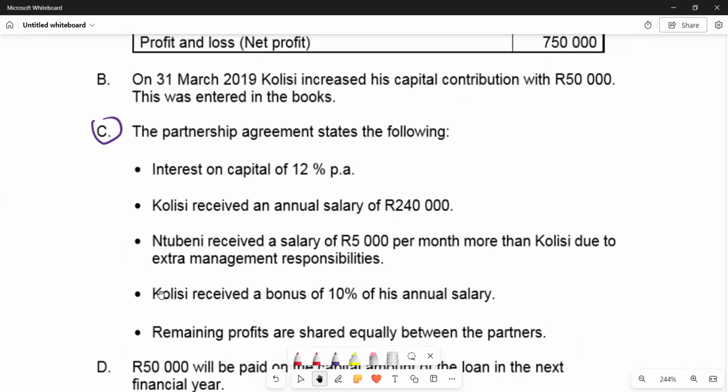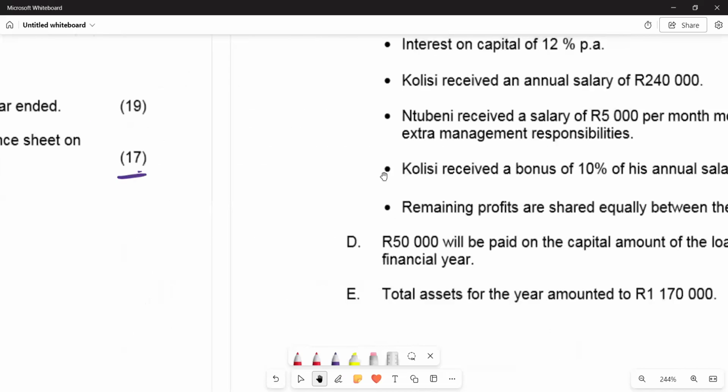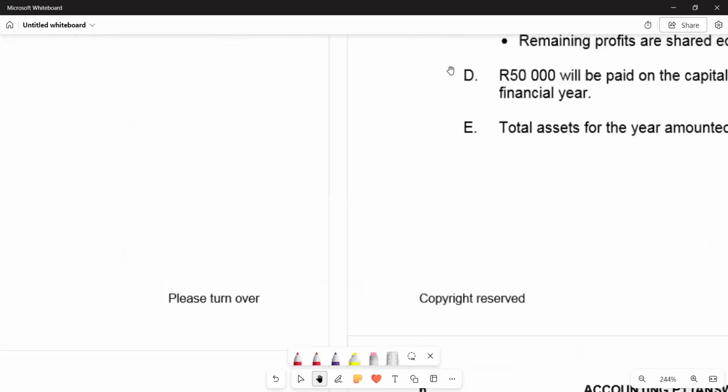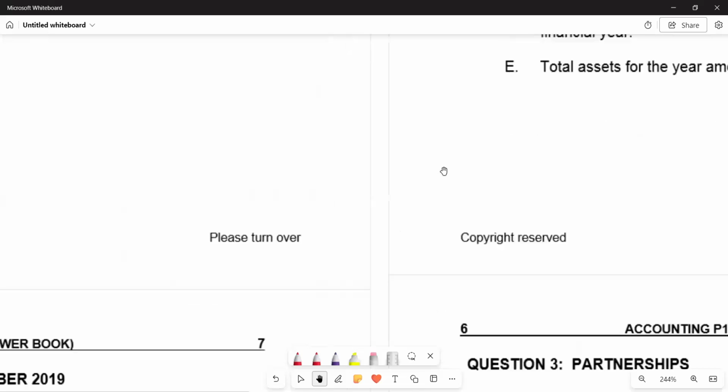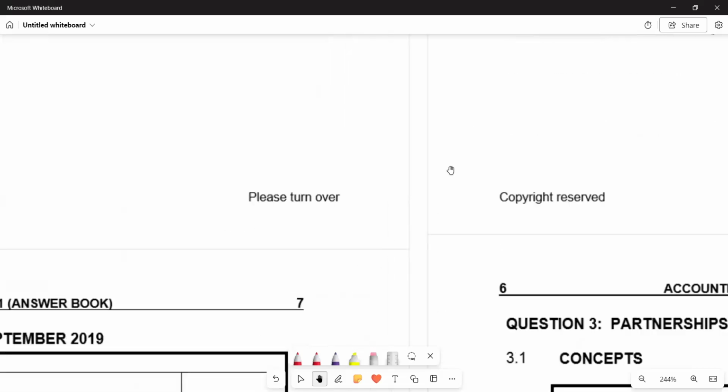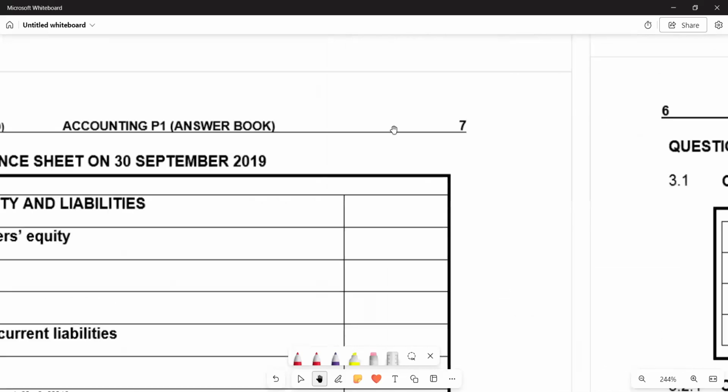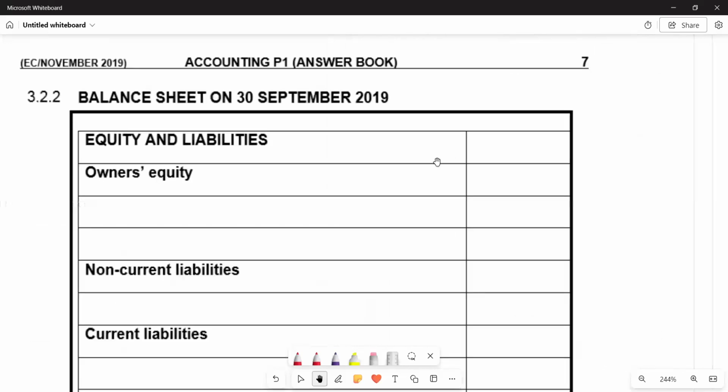So going to our other section now to see what is the first item we are supposed to look for, we can refer back to our answer section and see what is required. If you come here, you'll see that this is our balance sheet on 30 September 2019. This is the equity and liability section, where we are given owner's equity. So we start with the owner's equity.